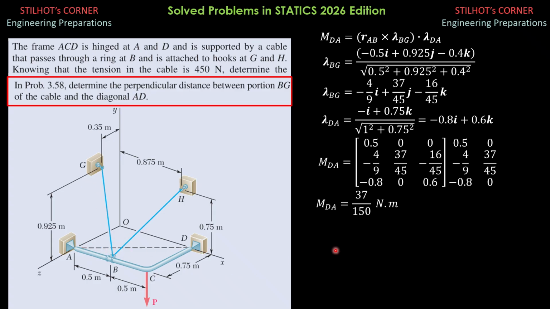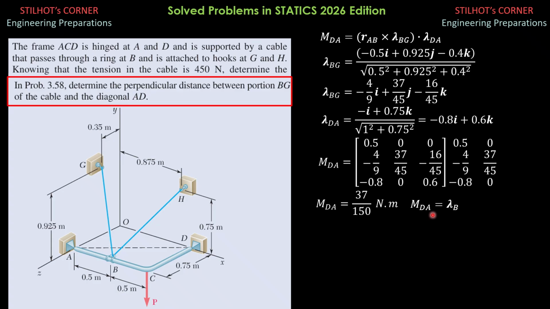That's the component of the force perpendicular to the axis, which has a moment about that axis, which is lambda BG, of magnitude 1 Newton, times sine theta, then times the perpendicular distance. We equate it to MDA.